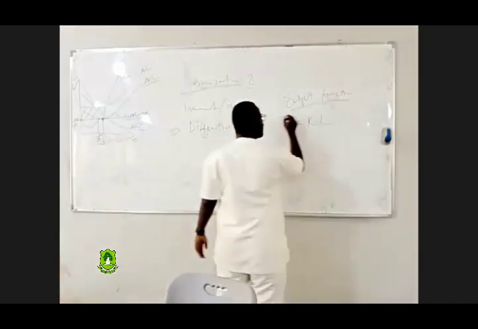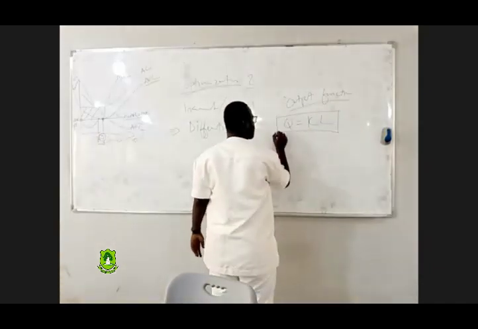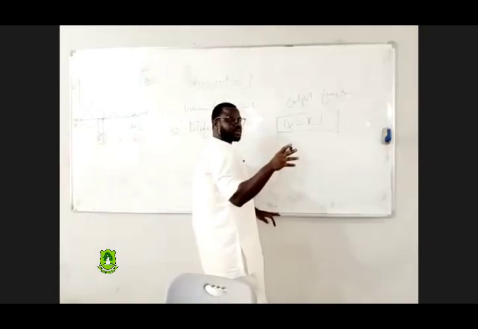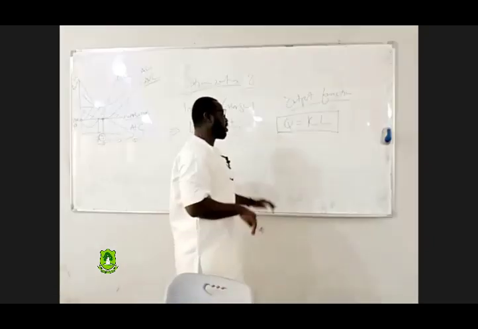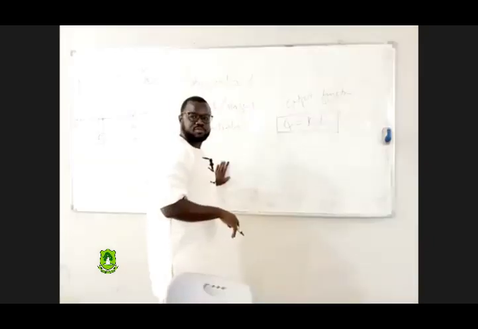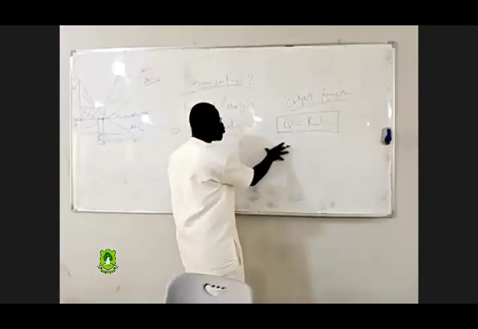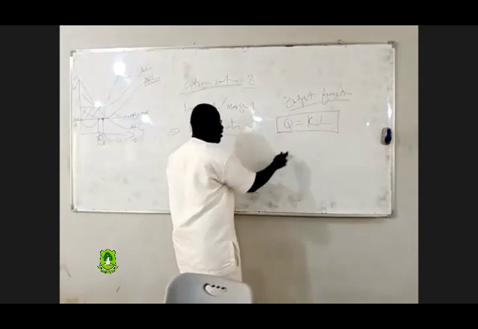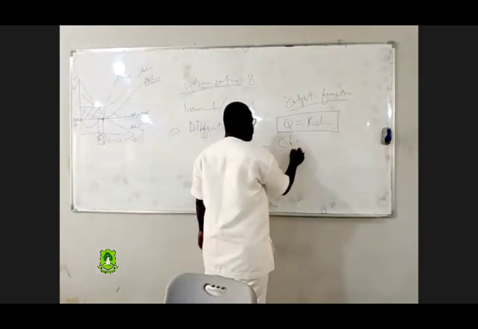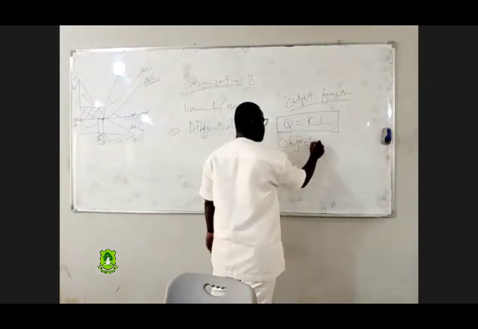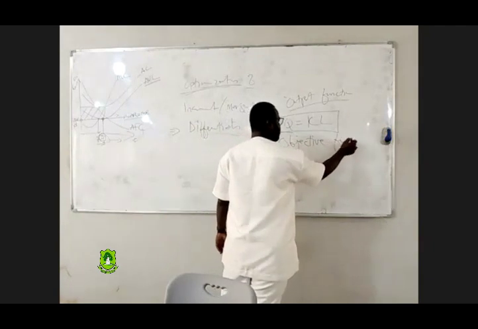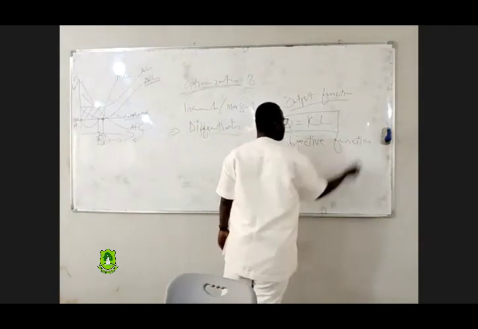Now, the function that you are going to optimize, I'm using optimize so that I can take care of the maximum and the minimum. The function that you are going to maximize or optimize is called the objective function.